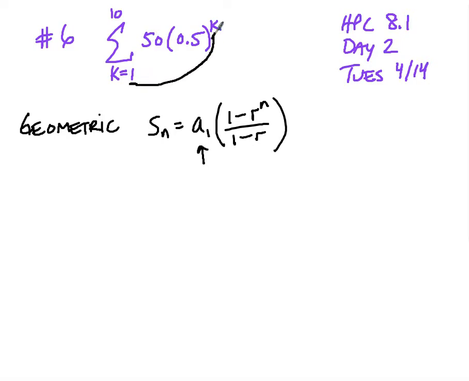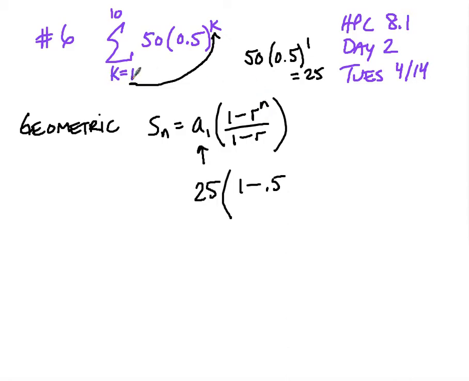So if I plug in a 1, I'm going to have 50 times 0.5 to the first. Now, that would give you 25. So some of you might have put a 50 in here, but it should have been a 25. And then r is the thing that's being raised to the power, so r is 0.5.